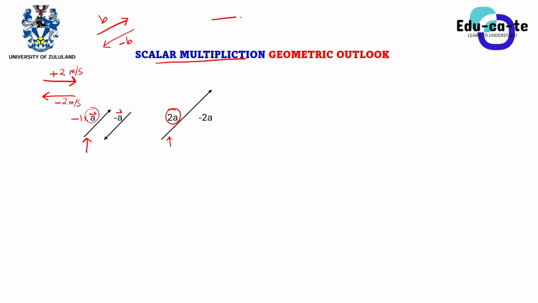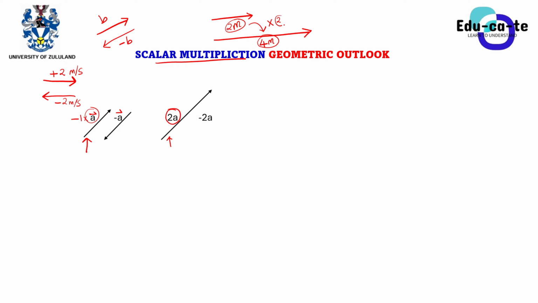So if this is a vector going in that direction at 2 meters, let's just say it's a displacement vector, 2 meters. If I draw another vector, assuming that it has got double the length of this one, this vector will be 4 meters. So basically, what have I done to transition from this smaller vector of 2 meters to 4 meters? I've actually multiplied by 2.